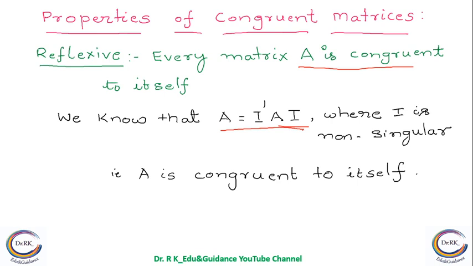Then we say this matrix is congruent to this matrix, okay? Where this is the P here, in P transpose AP, which is a non-singular matrix, right? So from this, this can be written for any matrix. If you take B, this happens, C, this happens. That means every matrix A is congruent to itself. So if it is congruent to itself, this congruency satisfies the reflexive property. Right? So the reflexive property holds good here.